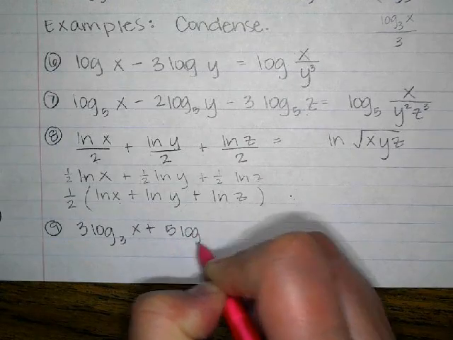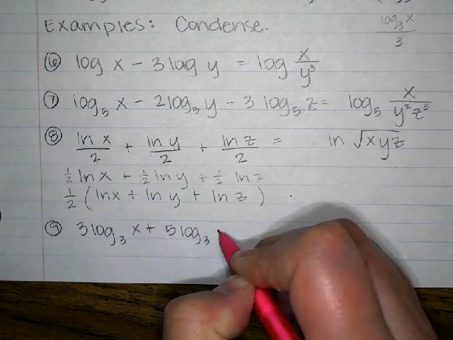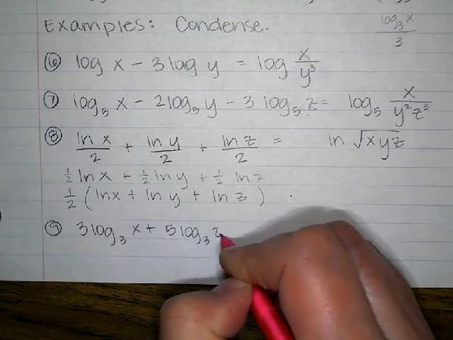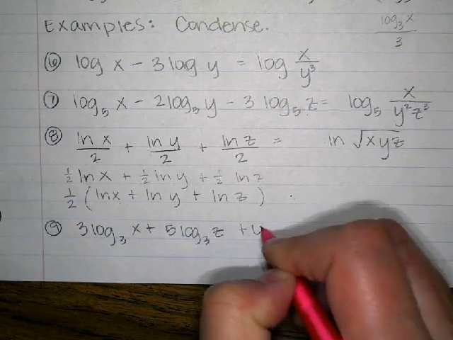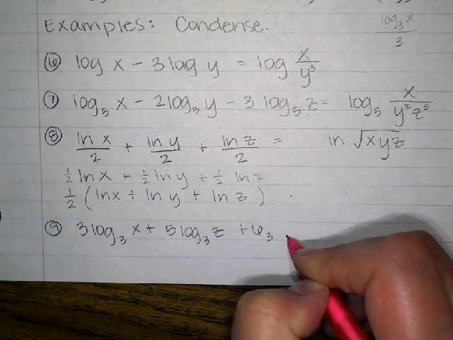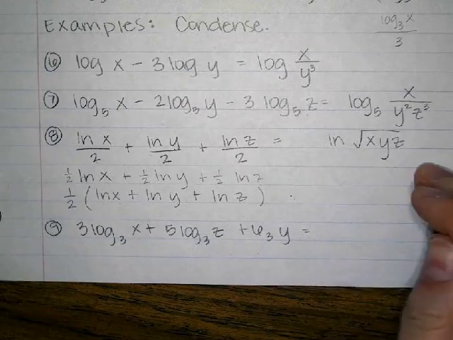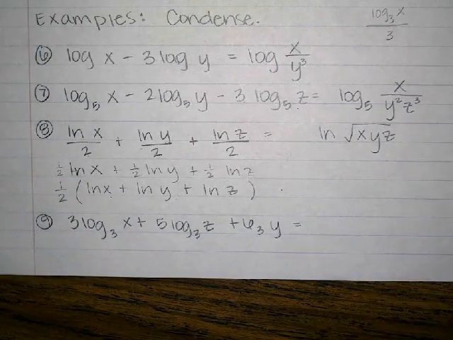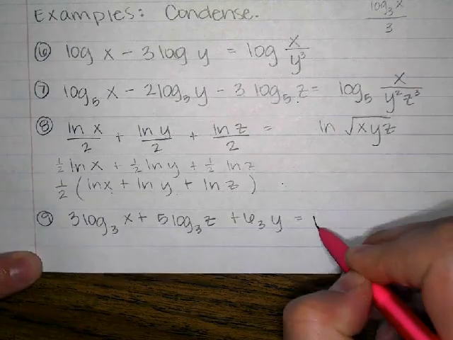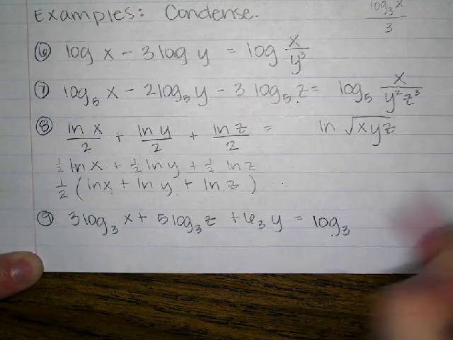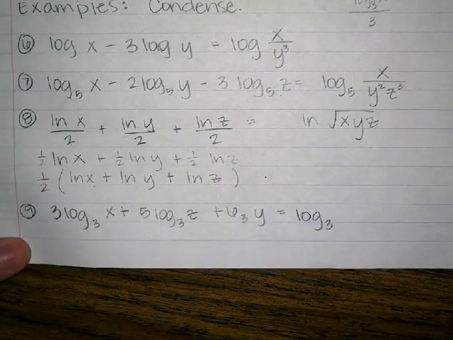So how many times do we get to write the word log base 3? One time. All right, and then what do we have? Z to the 5th, y to the 6th. Done.